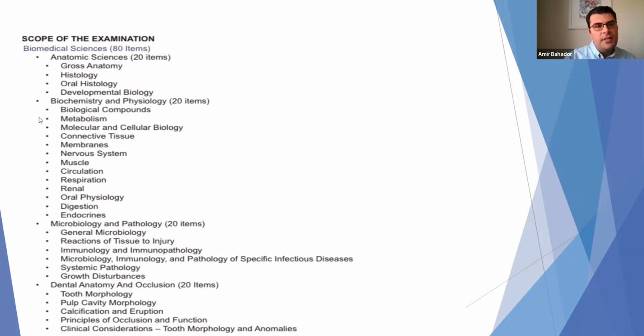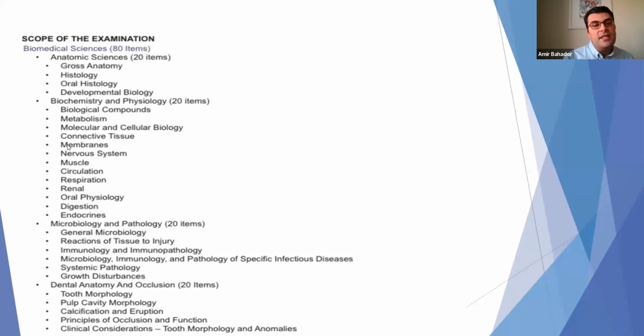The second part is about biochemistry and physiology, and you can see there are lots of topics right here. It consists of biological compounds, which contain carbohydrates, proteins, amino acids, vitamins, minerals, etc. Then metabolism, molecular and cellular biology, connective tissue, membranes, nervous system, muscle, circulation, respiration, renal, oral physiology, digestion, and endocrines.